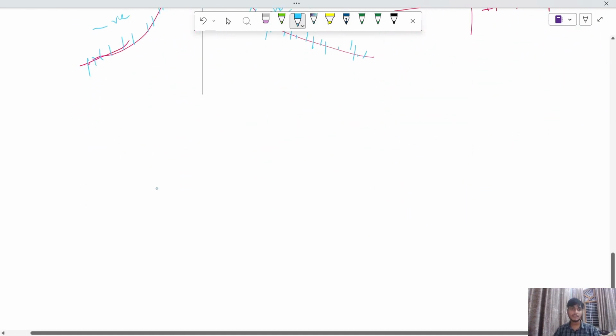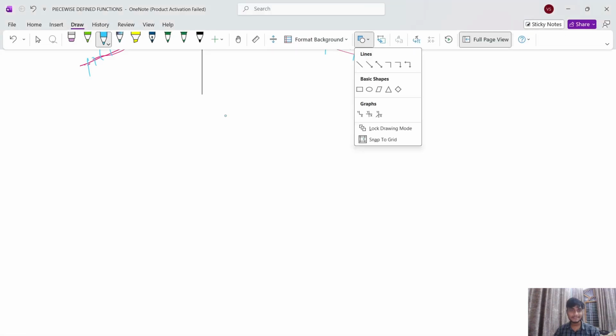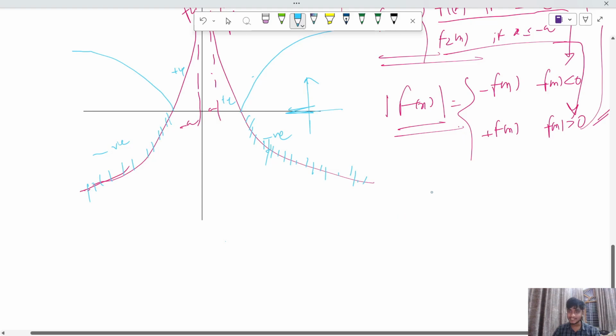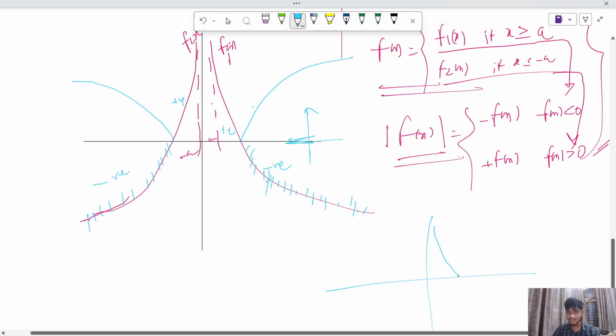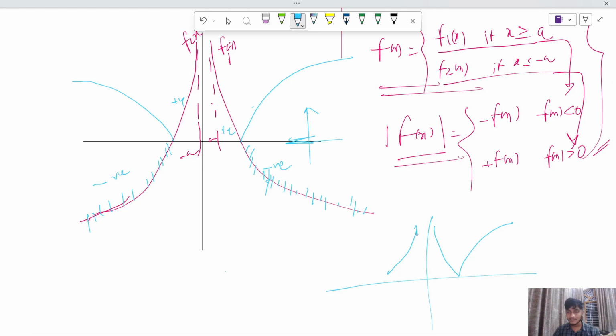So how will it look? It's simple. I'll keep it simple like this. This is actually a famous function, sometimes called power x, but let's leave it. We'll discuss more on this. So this is how it will look.